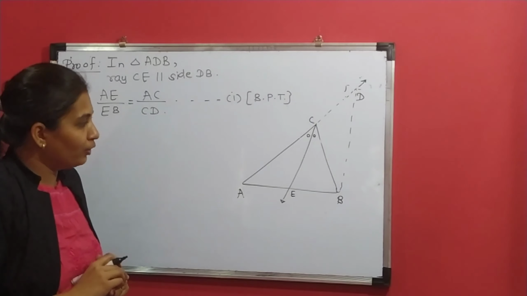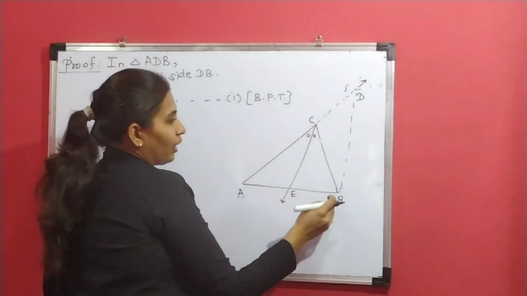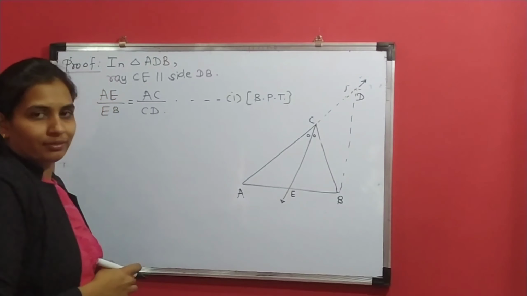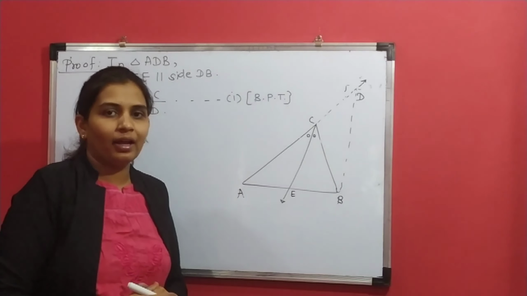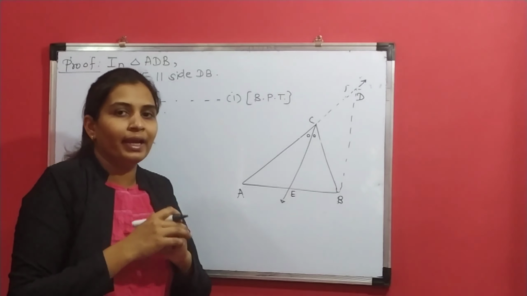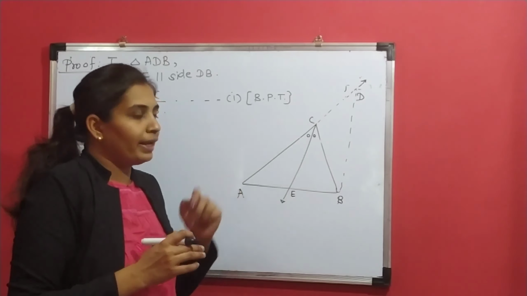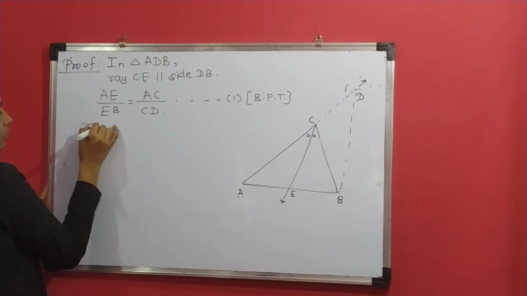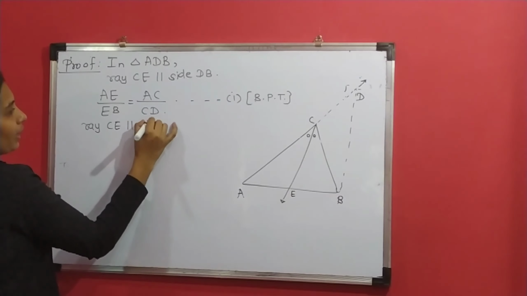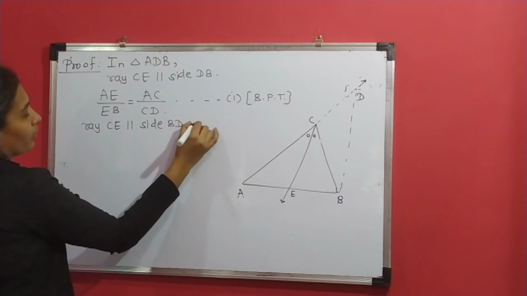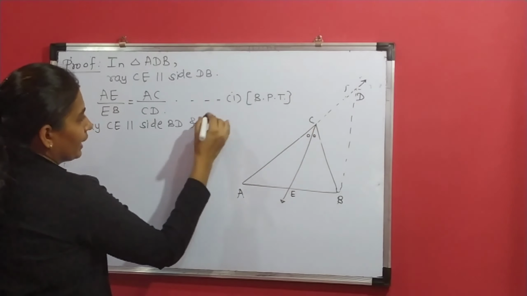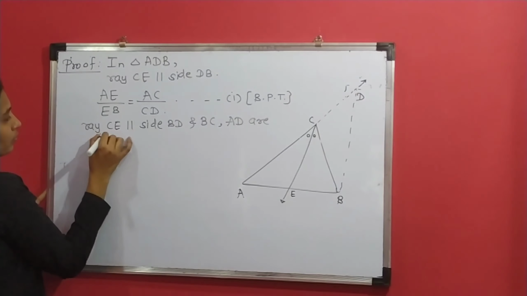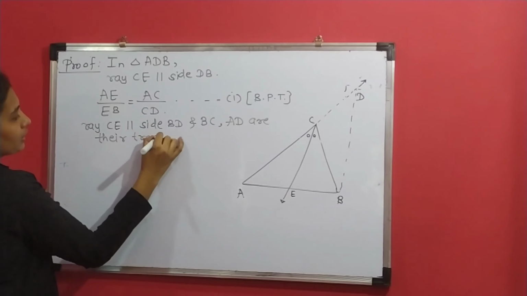Okay. Now students, these lines are parallel and CB and AD are transversals. Then there are some corresponding angles or alternate angles there. Okay. So we can write ray CE parallel to side BD, and BC and AD are their transversals.